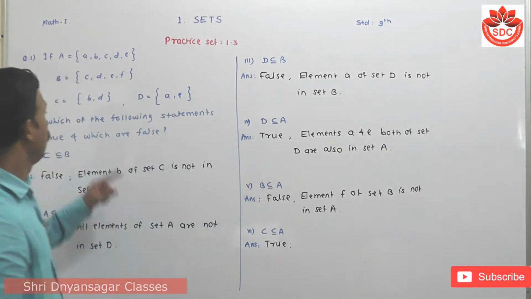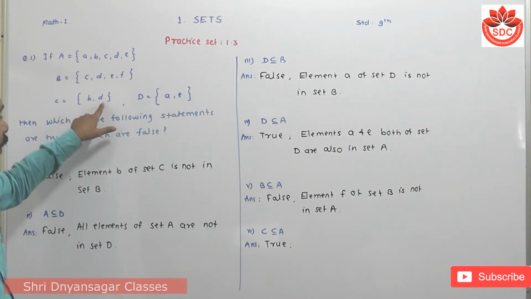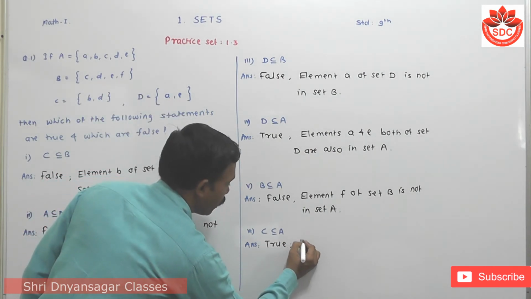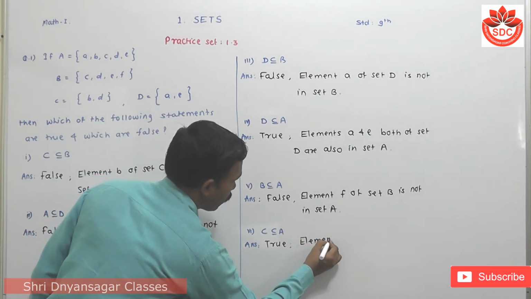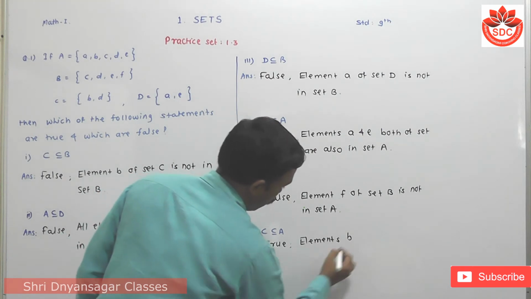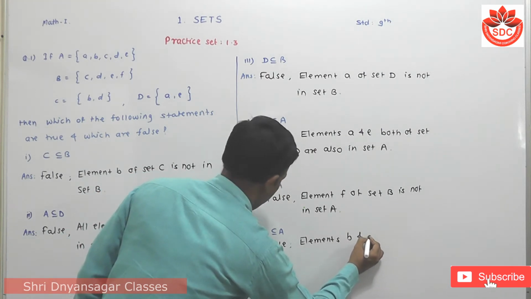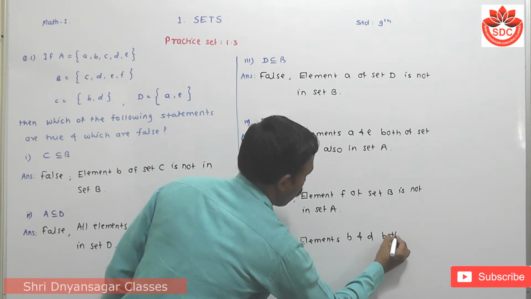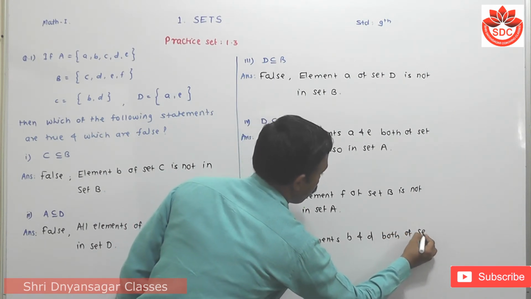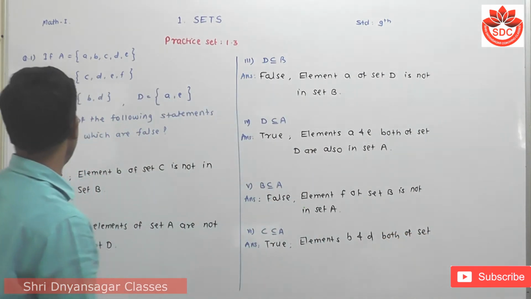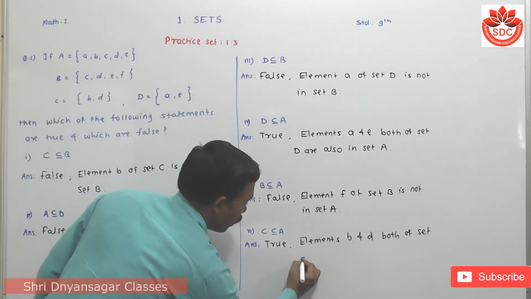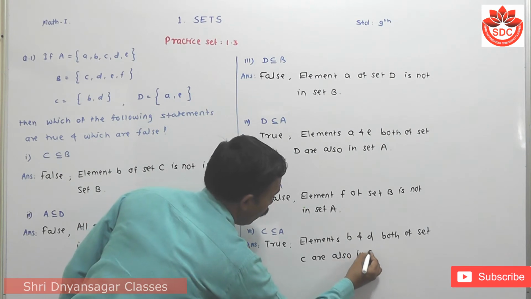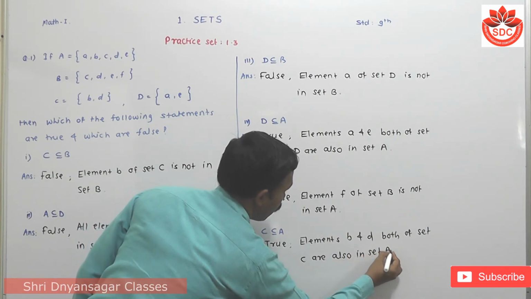Because the elements B and D both of set C are also in set A.